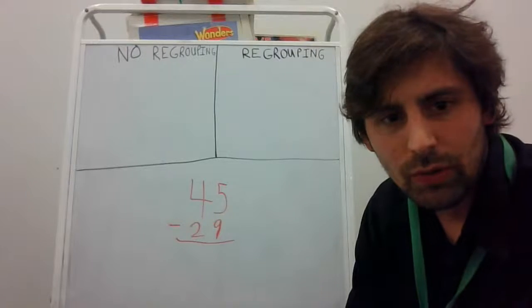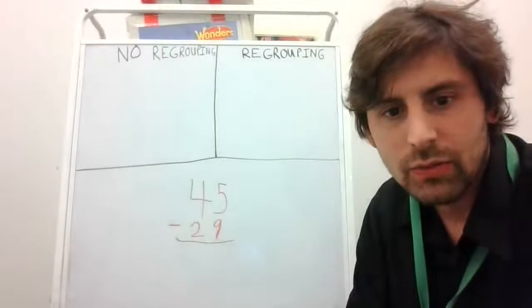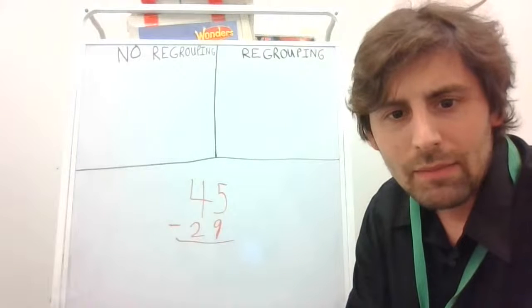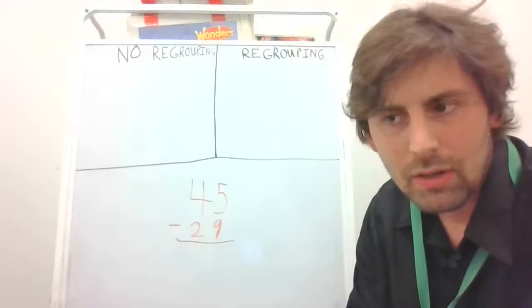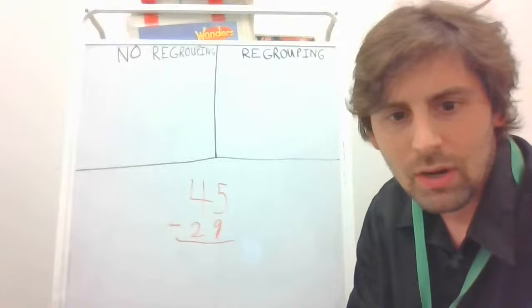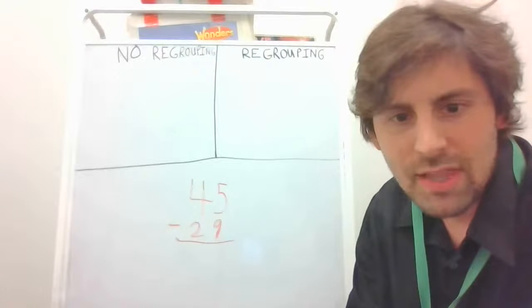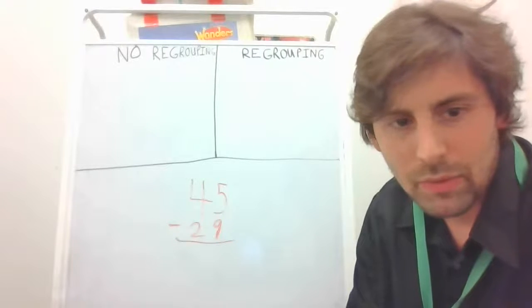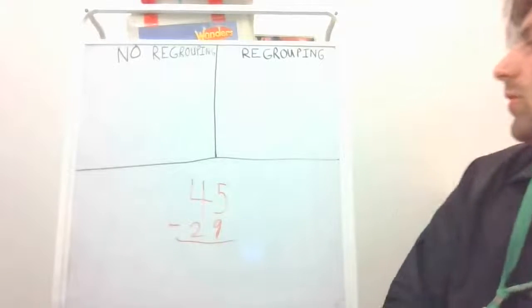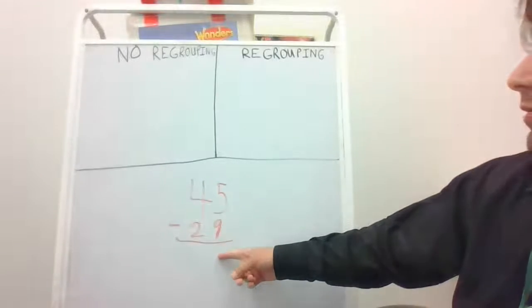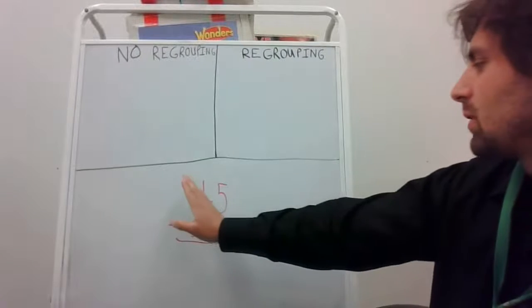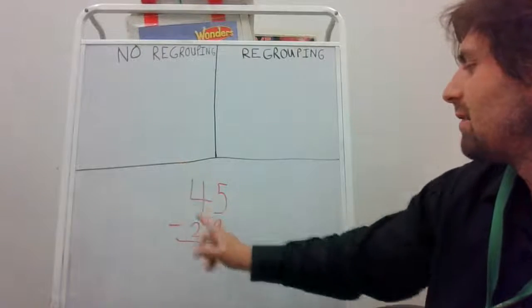Now, how do you know when to regroup? What is the rule? The rule is that you regroup when the bottom number is bigger than the top number. So any subtraction problem where there is a bottom digit that is bigger than the digit on the top, we regroup. Looking at this problem, 45 minus 29, we look at the digits in the ones place. We have 5 minus 9.